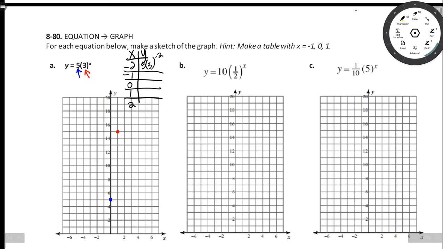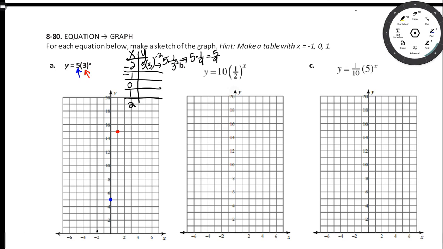And what -2 does is it actually flips this and moves it to the bottom. So this becomes 5 times 1/3 to the second, which is the same thing as 5 times 1/9, which is the same thing as 5/9. Okay, so this is 5/9. So at -2, you have a point at 5/9, which is pretty small right there.